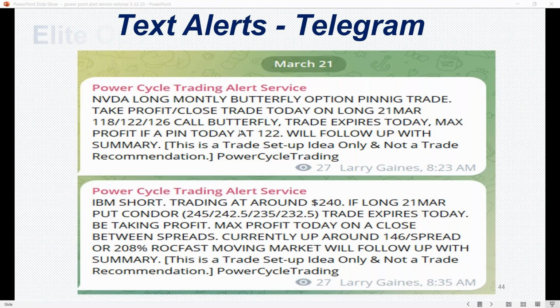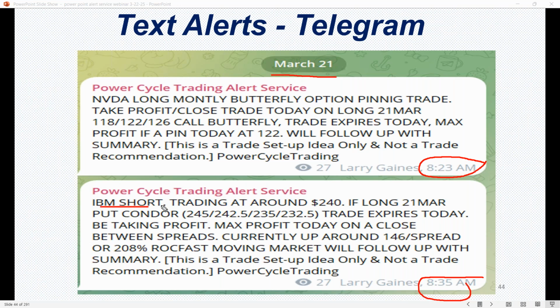And so here's Telegram. This is what I use. I showed you that earlier, but you can see here when I send out a trade, they're pretty detailed, and you can see the time stamp right here. Just for example, this was Friday. It said NVIDIA long monthly butterfly option pinning trade, take profit, close trade today. Here's the IBM trade that we had.